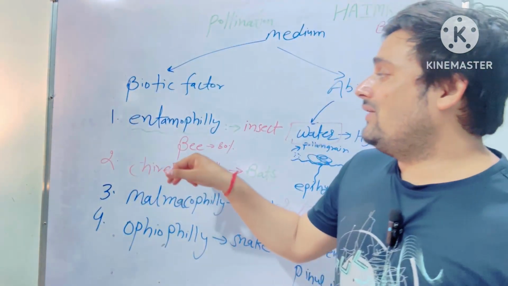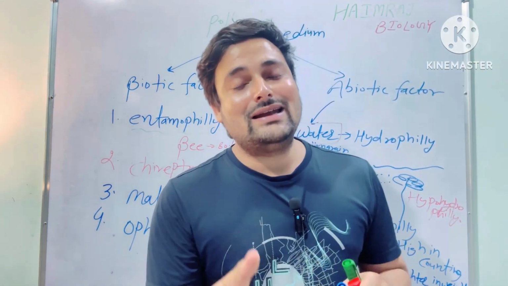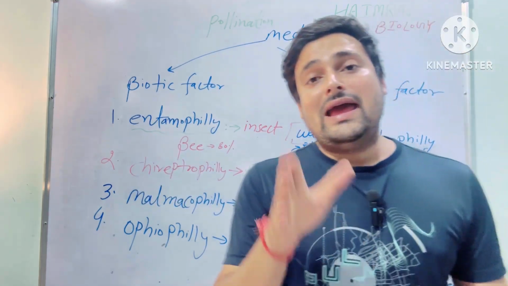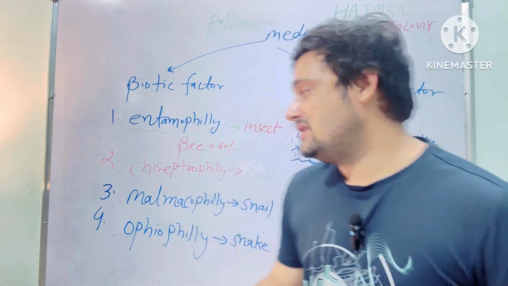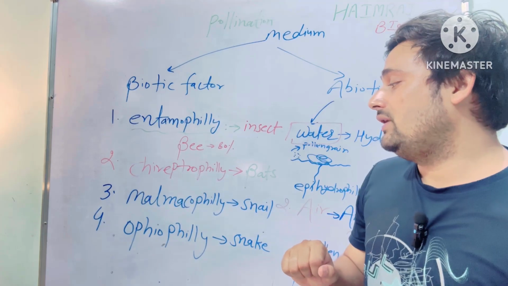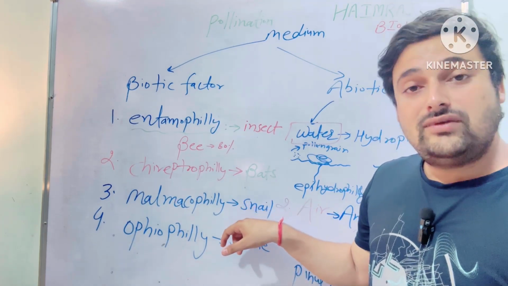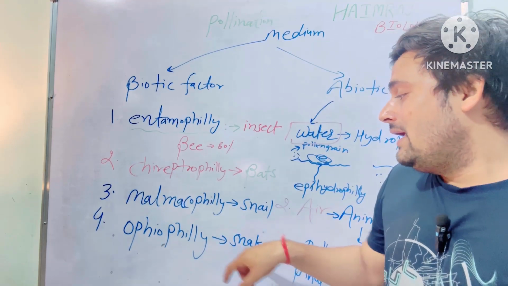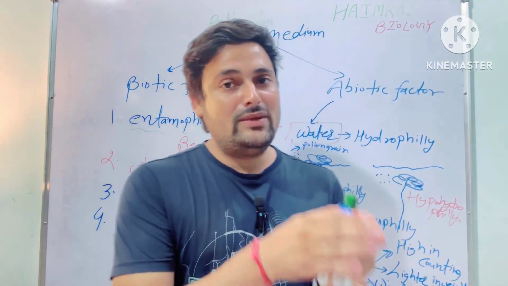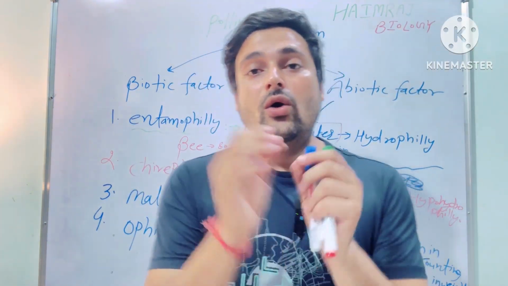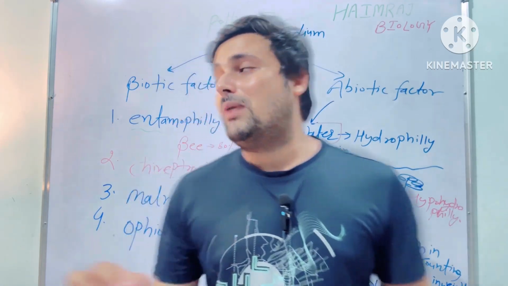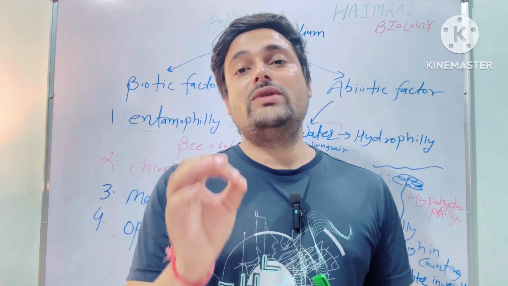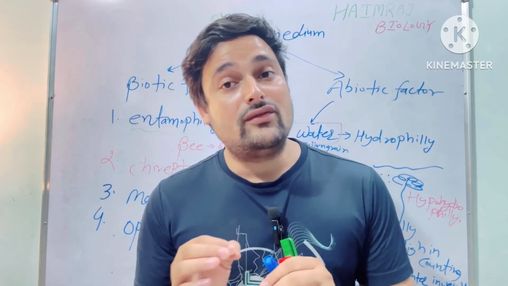Let's come to the biotic factor. If different kinds of insects are helping in this process, then we call it entomophily. If bats are helping in this process, we call it chiropterophily. If snails are helping in this process, then we call it malacophily. And in ophiophily, snakes will be helping in this procedure. Now you have to make sure, if biotic factor is involved, then your flowers should be very attractive and colorful.